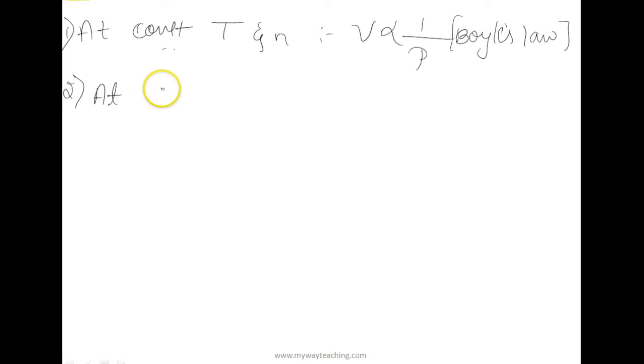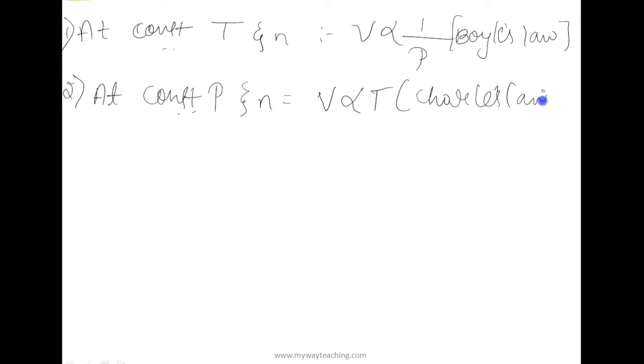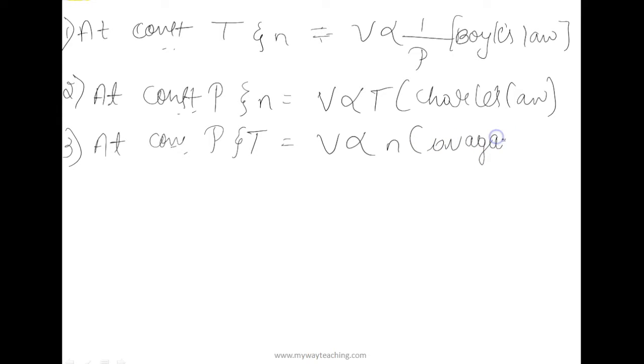At constant P and N, V is directly proportional to T, that is Charles law. At constant P and T, V is directly proportional to N, that is Avogadro law.